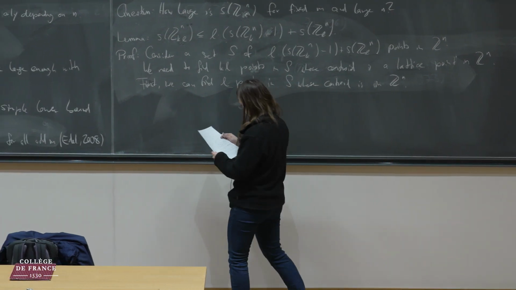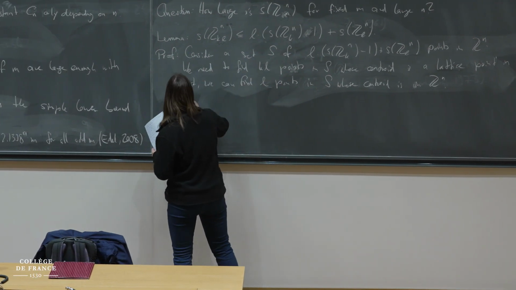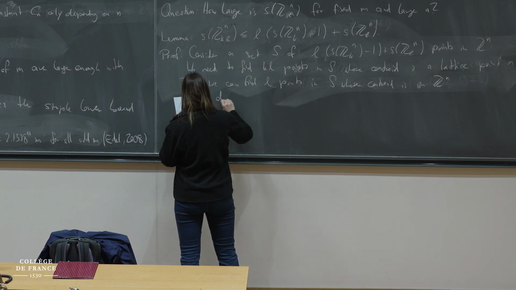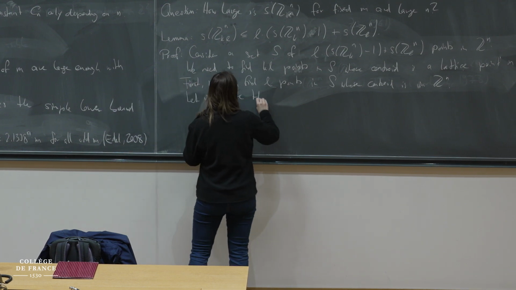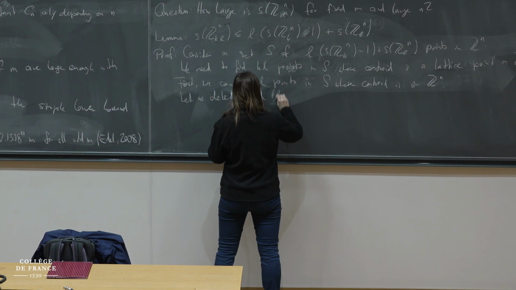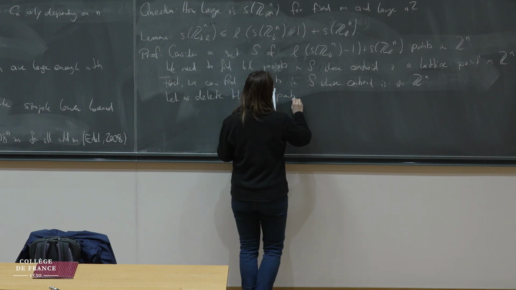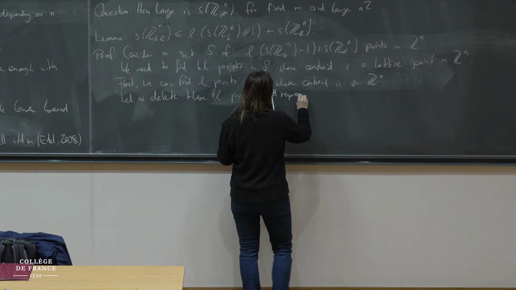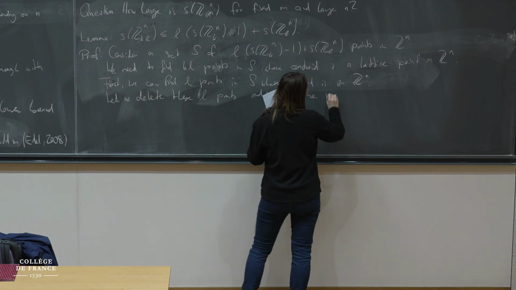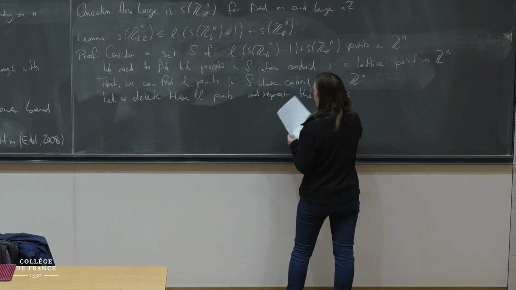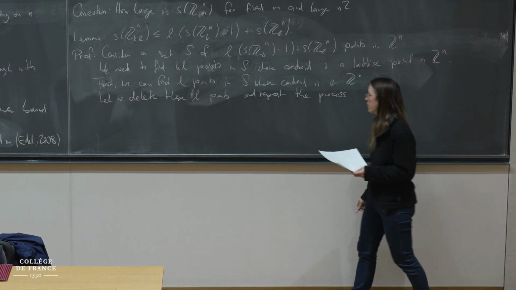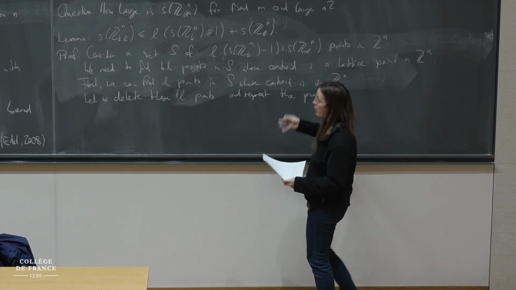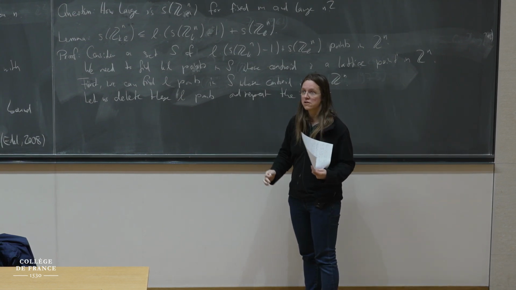So let's delete these L points and repeat the process. So that means we delete this first group of L points that we found, and now we look for another L points whose centroid is a lattice point.